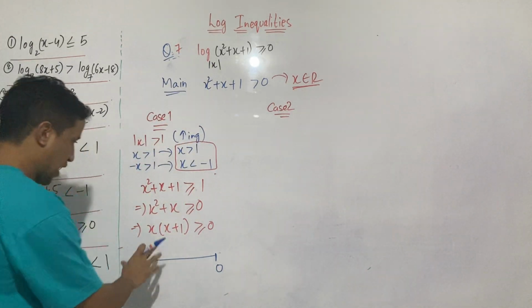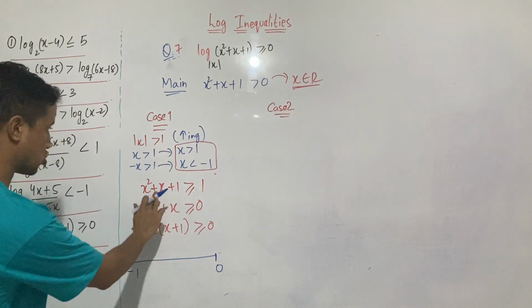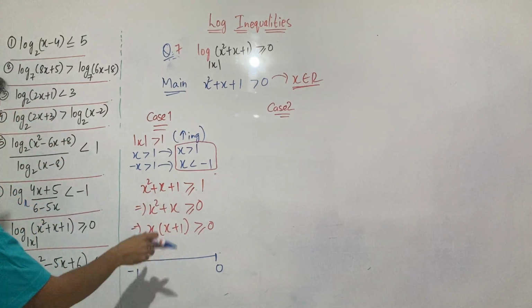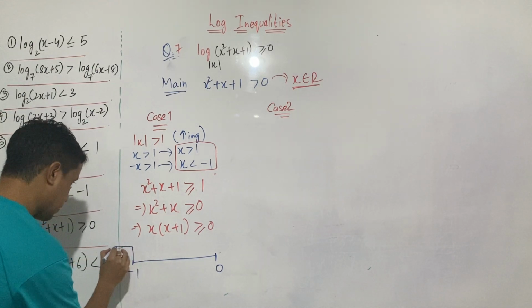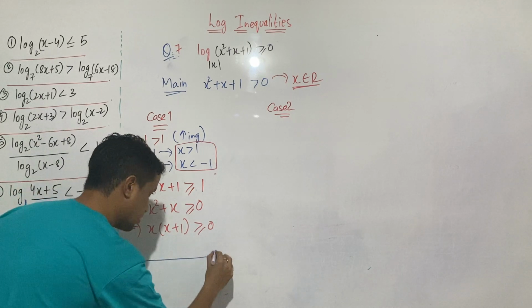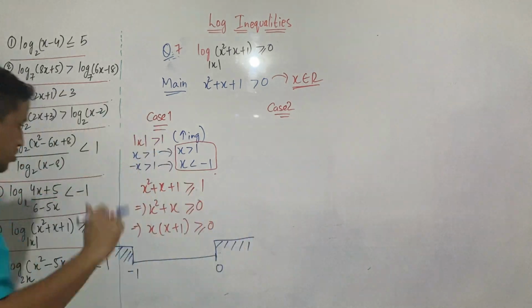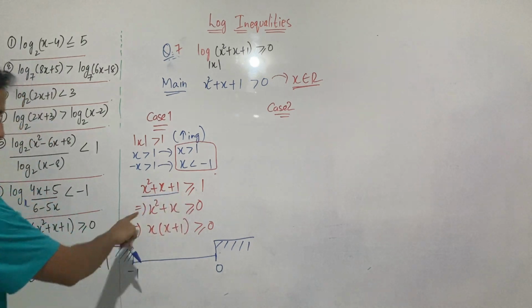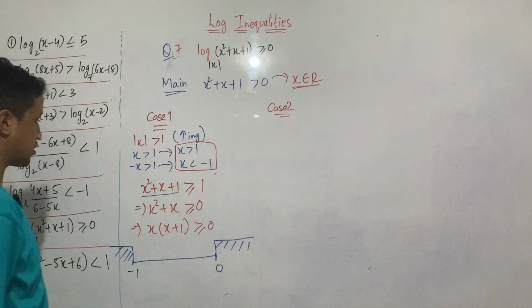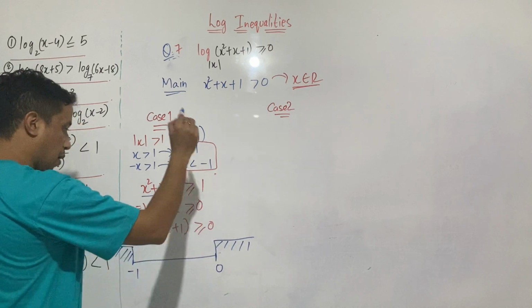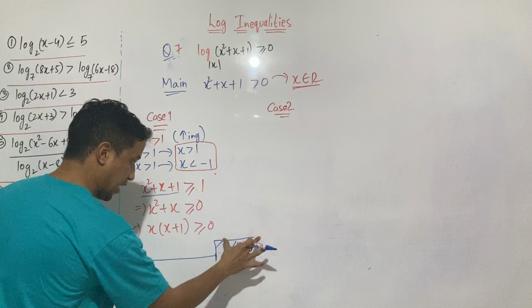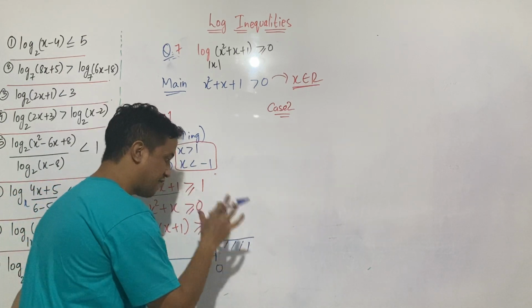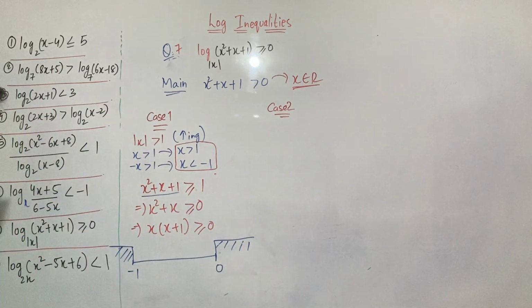So this thing is going to be greater than 0 only for which values? Because this has a positive sign in the leading coefficient, it's going to be an upward parabola, and the positive values will come from the regions outside the roots.